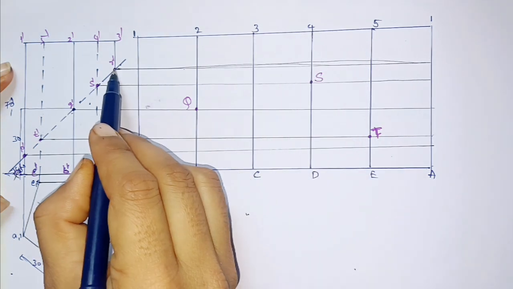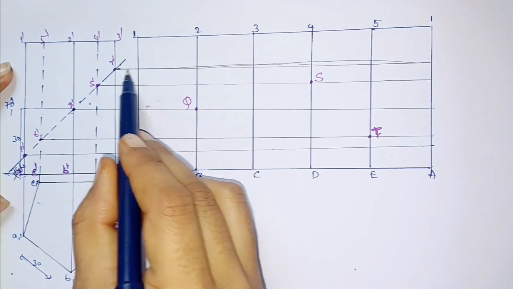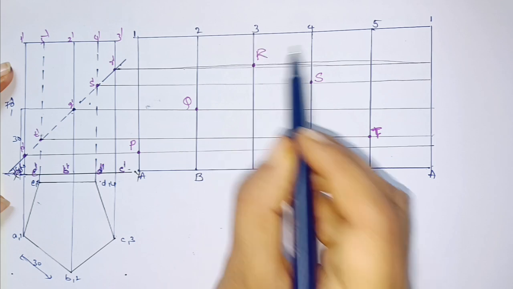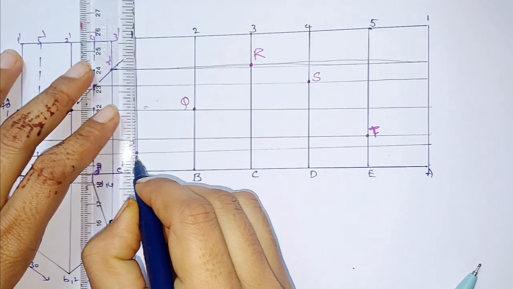And next R should be at the coincidence of the 3rd line and the C line. Where are C and the 3rd line? This is R. Now take the scale and join the points.